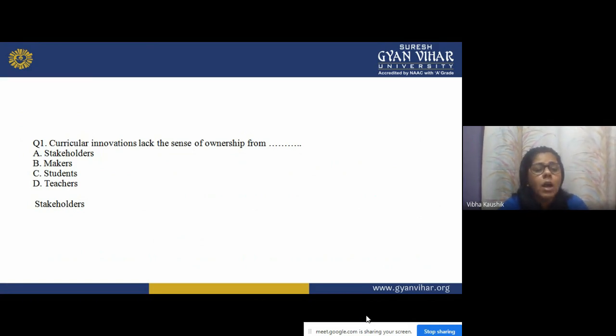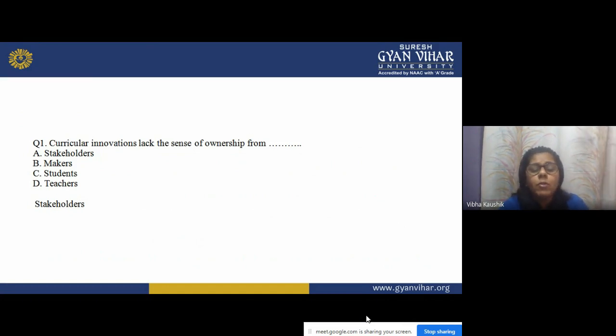The options are A, stakeholders; B, makers; C, students; or D, the teacher. Students, you have to select the correct answer from the given choices, and the correct answer is option A, stakeholders.